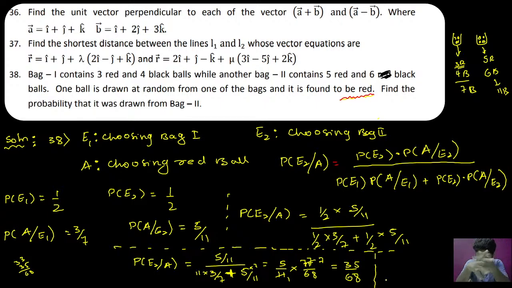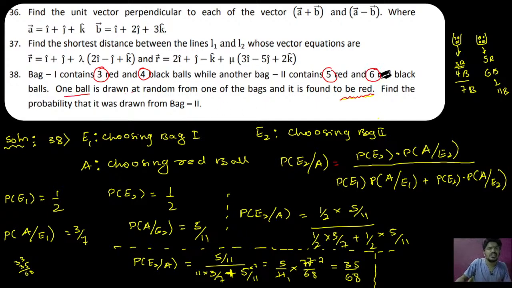So those who have not understood problem number 38, just listen carefully. What they are asking: there is bag 1 and bag 2. In bag 1 there are 3 red balls and 4 black balls. In bag 2 there are 5 red balls and 6 black balls.